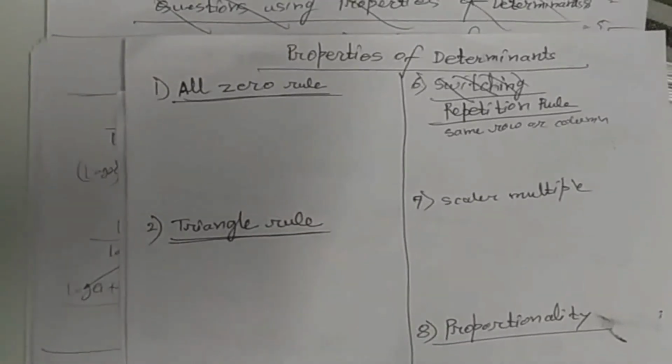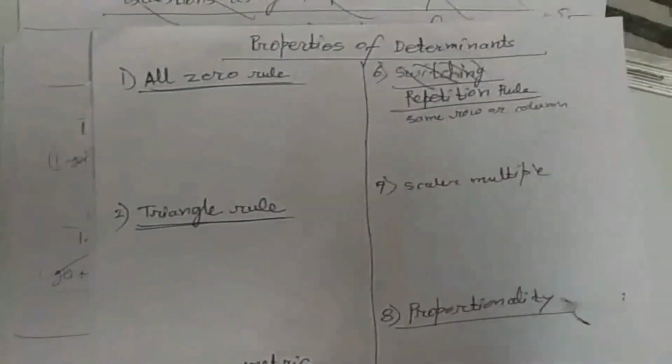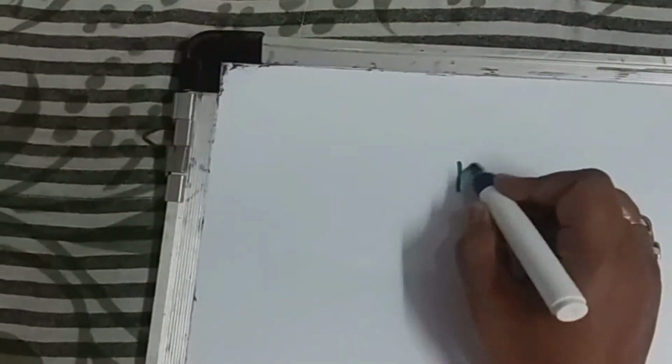Okay, thank you. Okay, here all of you back again. Scalar multiple rule I was discussing. Now I am going to show you something. Understand it carefully. Suppose I am multiplying k with a matrix.